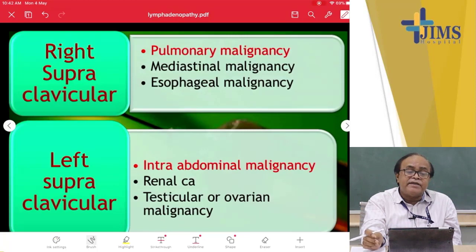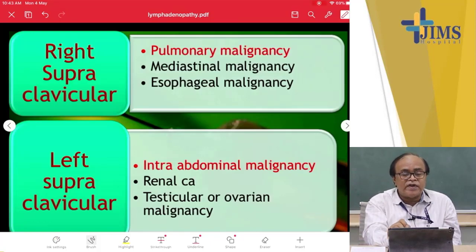Now you may get right supraclavicular glands enlarged. What may be the causes or source? Pulmonary malignancy, means malignancy of the lungs, trachea, etc., or from the mediastinum, mediastinal malignancy, or esophageal malignancy, CA esophagus.